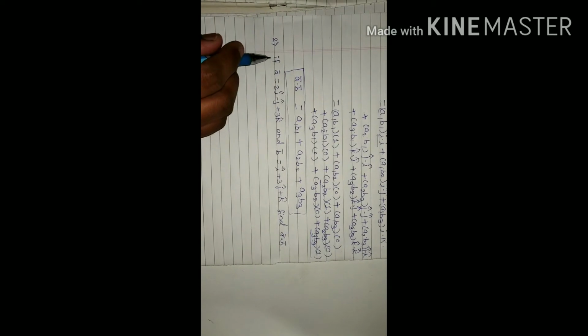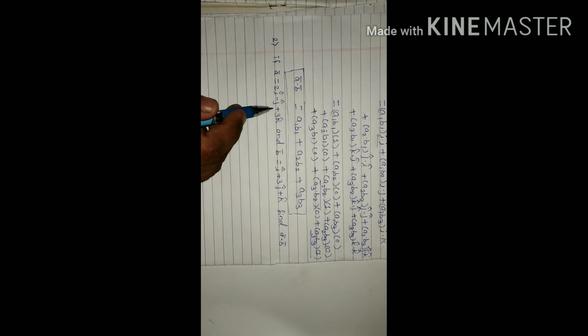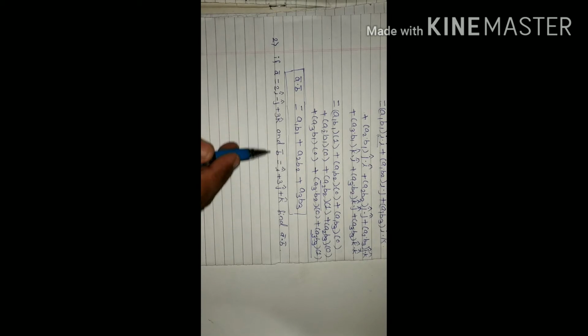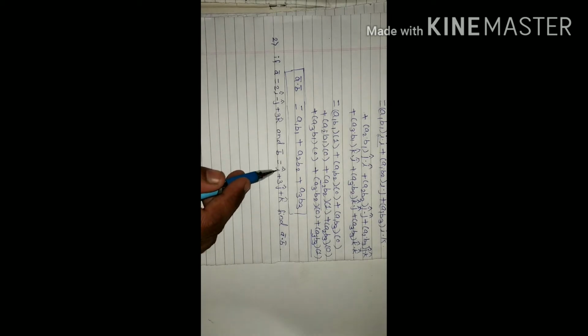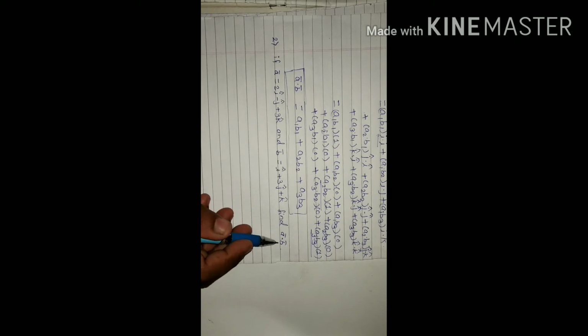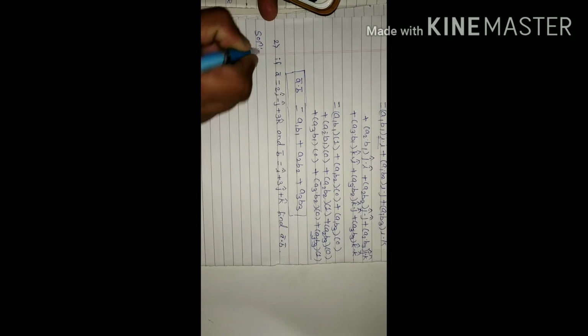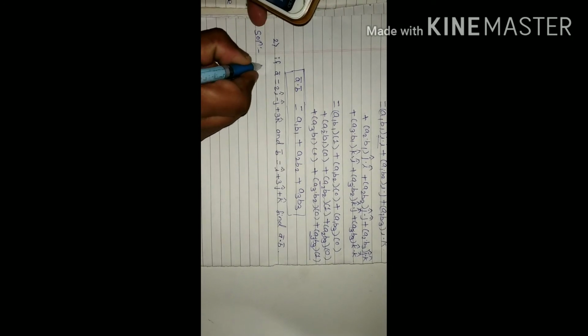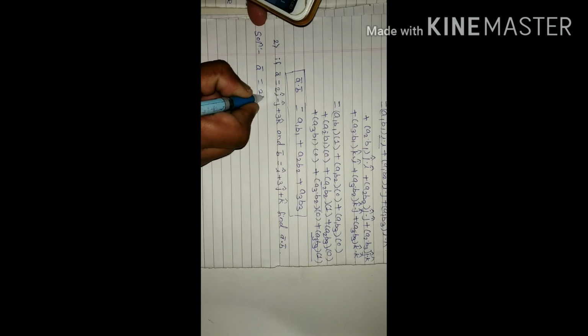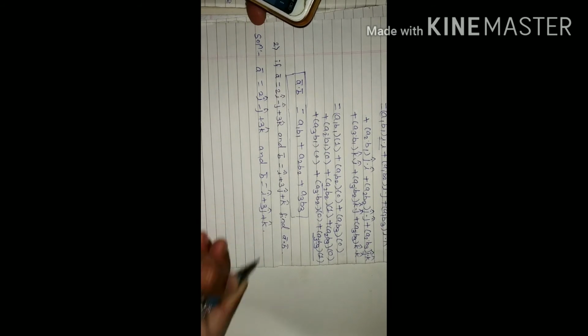Now take an example: if the value of a bar is equal to 2i cap minus j cap plus 3k cap and b bar is equal to i cap plus 3j cap plus k cap, find a bar dot b bar. In answer, we write the given values, a bar is equal to 2i cap minus j cap plus 3k cap and b bar is equal to i cap plus 3j cap plus k cap.